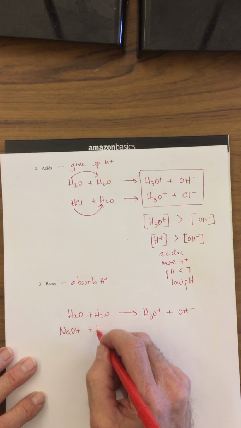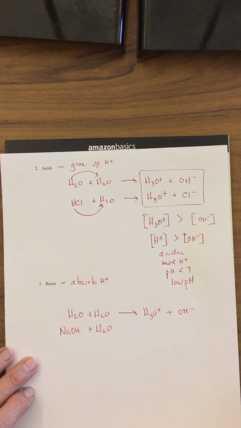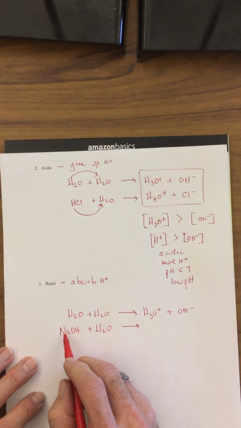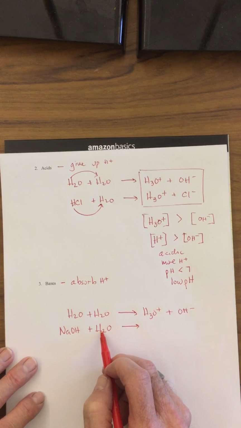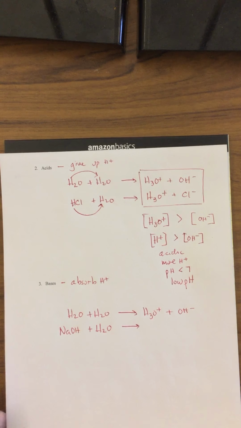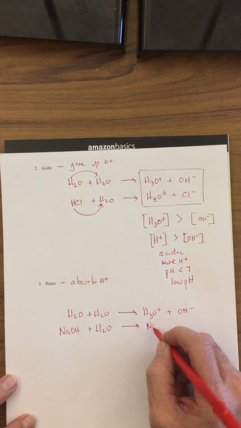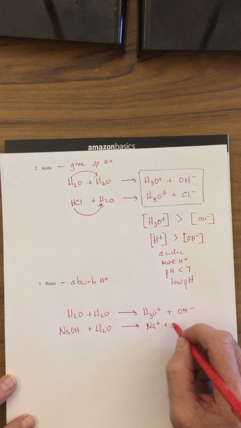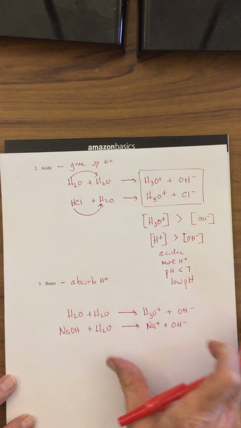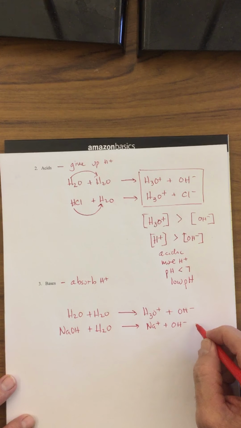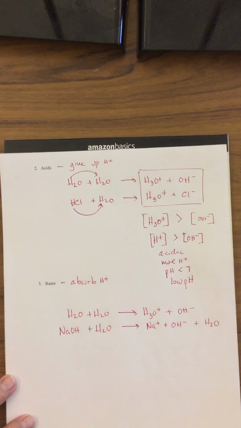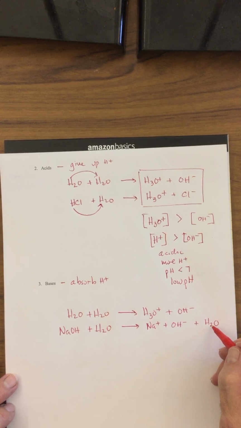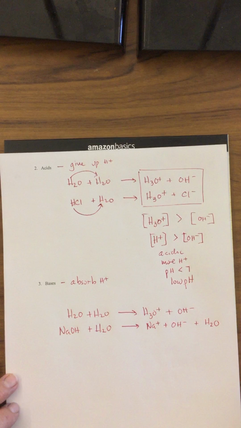NaOH plus H2O produces, well, when you take NaOH and you put it in water, it actually falls apart. And it falls apart into an Na plus, and it dissolves, plus an OH minus. This is an ionic compound, and so it falls apart like this. And the water just stays the same. Nothing happens to the water. This forms your solvation spheres around your ions.